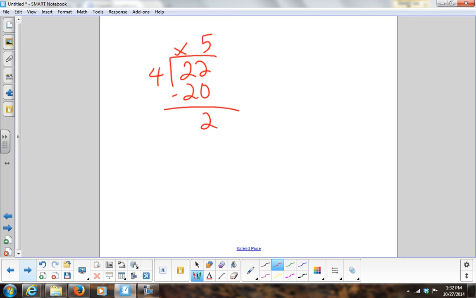So how many will not be in equal rows? 2. How do you know? Because that's a remainder, so the remainder is the last 2, so we can't make one more full row. Okay, so these are equal rows. This is left over. So these 2 would not be in equal rows.